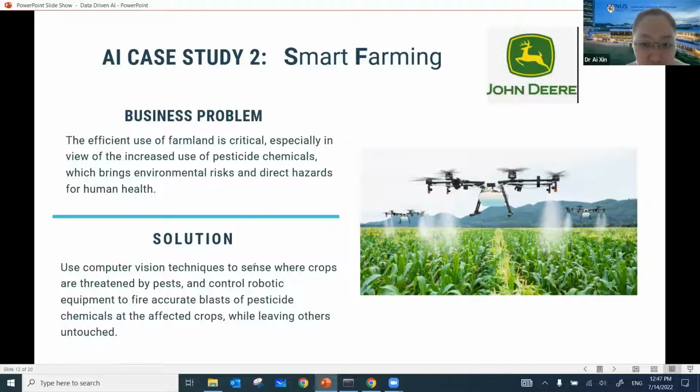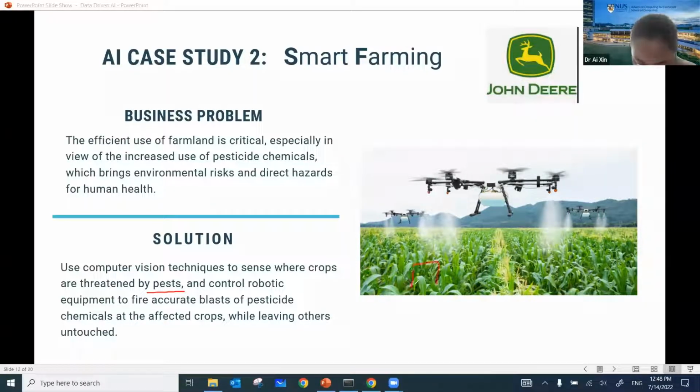First, they sense where the crops are threatened by pests. They probably use some sensor to take pictures of all the crops. Then they feed those images into a model.